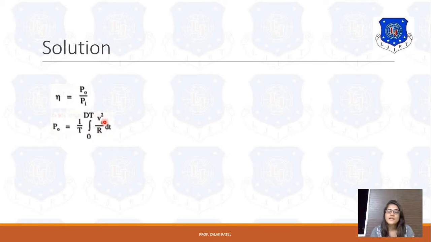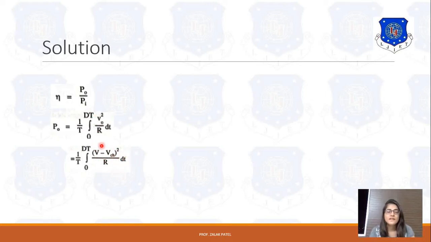Now if we integrate this, V0 is actually V minus V chopper, because that drop in voltage is due to the chopper operation, meaning the total output voltage is equal to the actual voltage minus the chopper voltage drop. So here we write V minus V chopper square upon R dt.